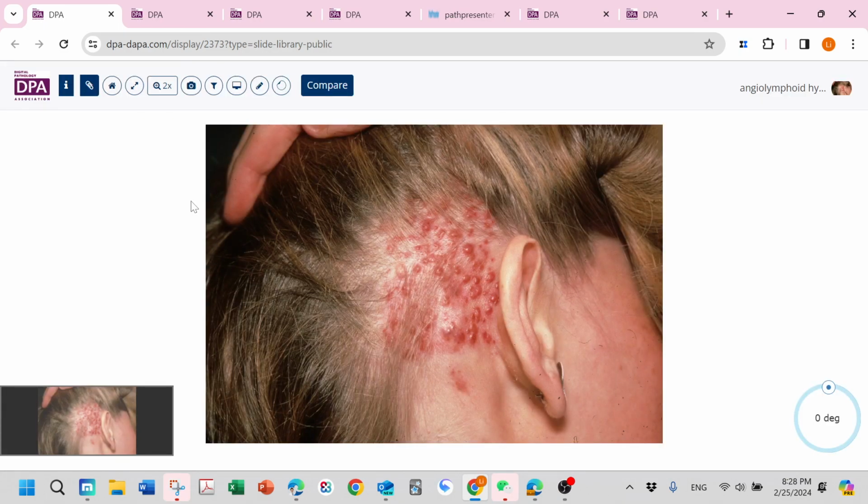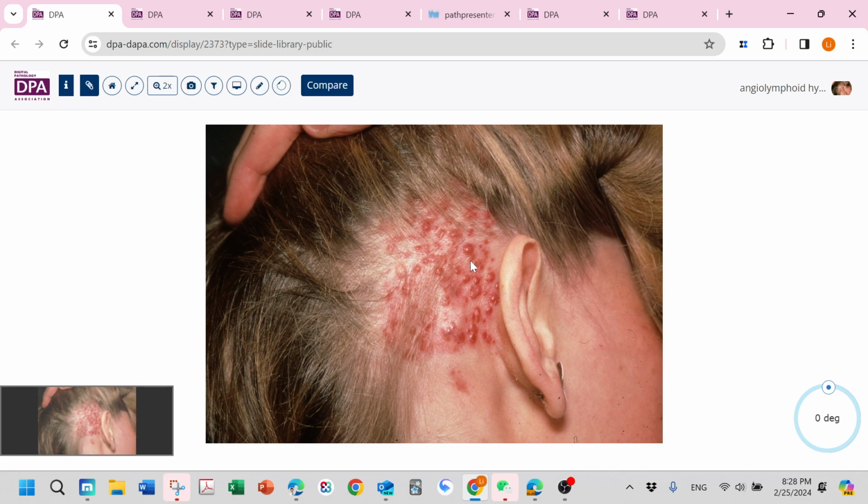And then I also found another one as a contrast for differential diagnosis. This one is ALHE, angiolymphoid hyperplasia with eosinophils, aka epithelioid hemangioma.